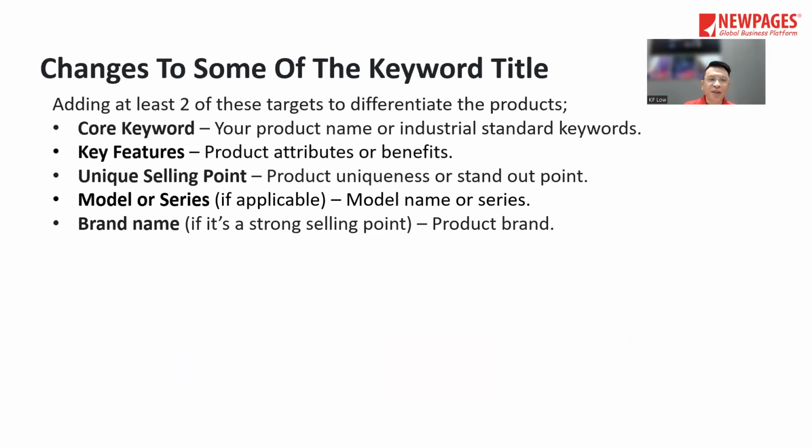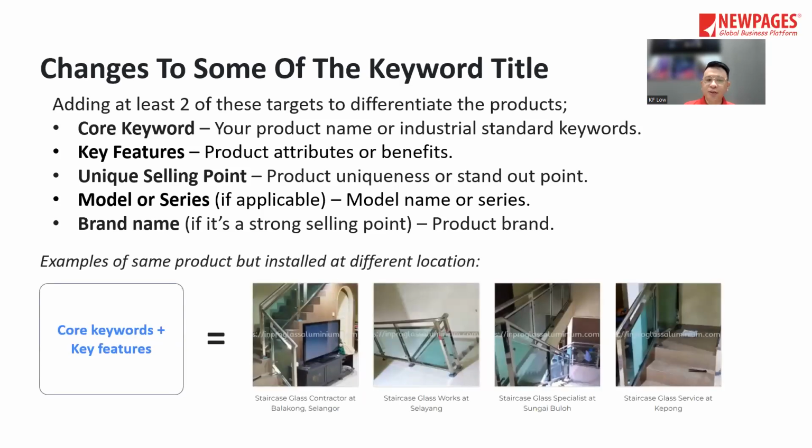Another example that I'm going to share with you is also from one of our clients. When they do product posting, they only have one product, but they use different locations: the same product installed at different locations, to construct their product title.